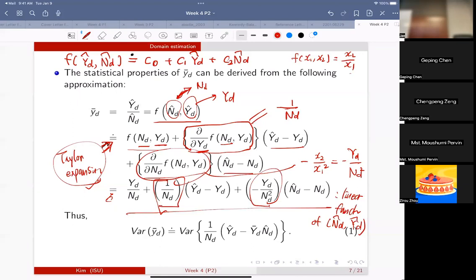When you investigate the order of the bias, you need a second-order expansion, but when you talk about variance, first order is enough.